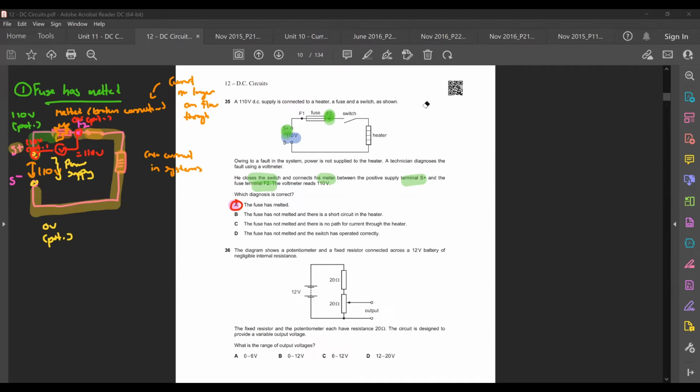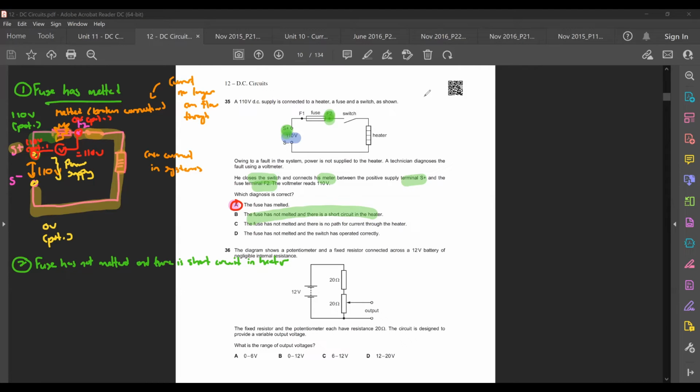Okay, but we can also try and do the other parts, just to see what could be the differences. Now, if I look at part B, where I tell you the fuse has not melted and there is a short circuit in the heater, how does this change everything?